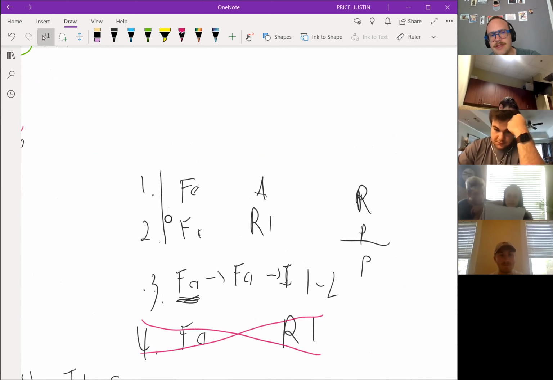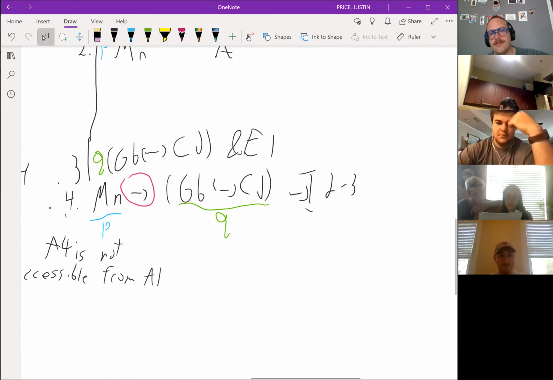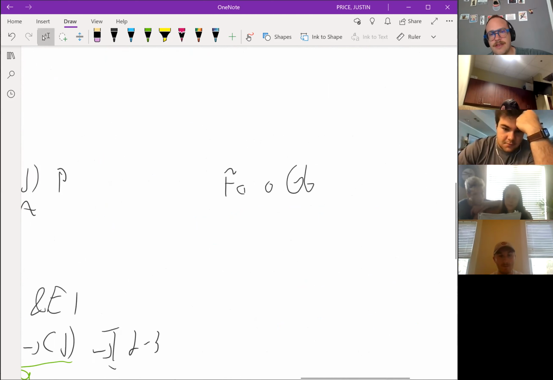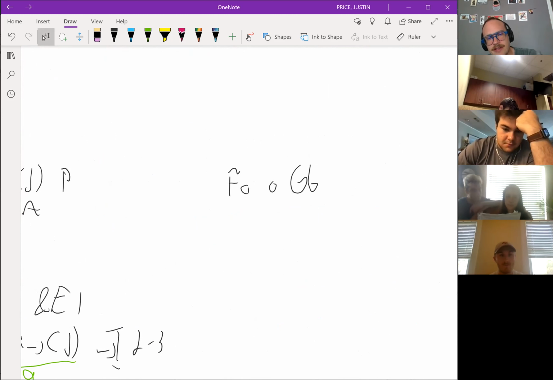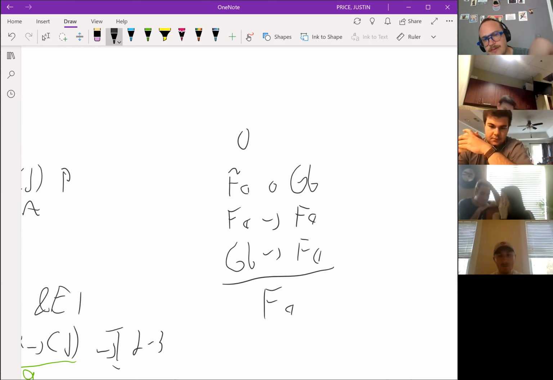P is FA and Q is FA. So there's no restriction on those things being identical. But let me write out an example. And this is a way that you are going to find that you eliminate some disjuncts. So that's one way to use disjunction elimination.